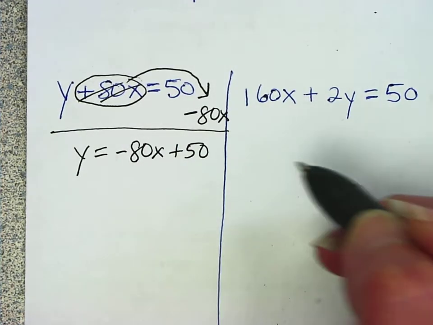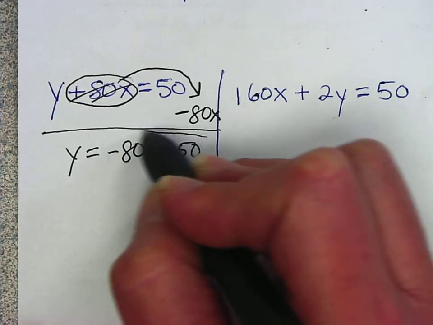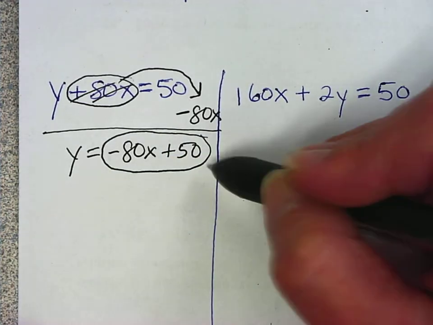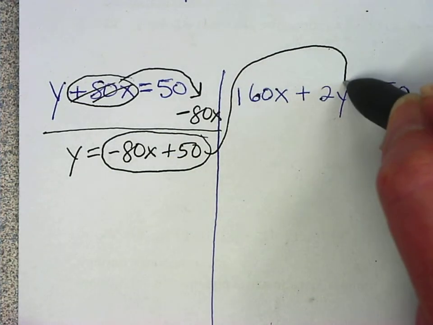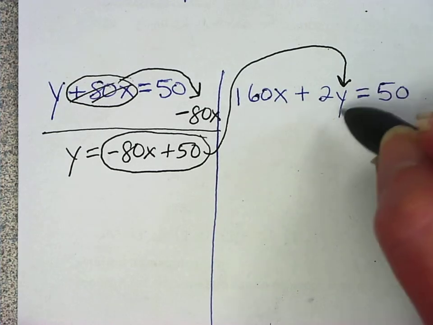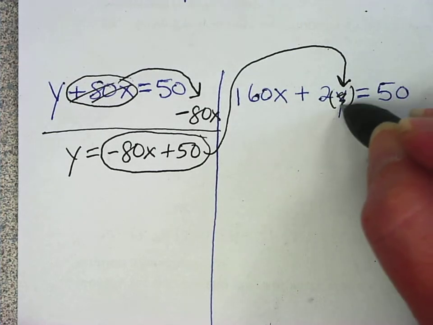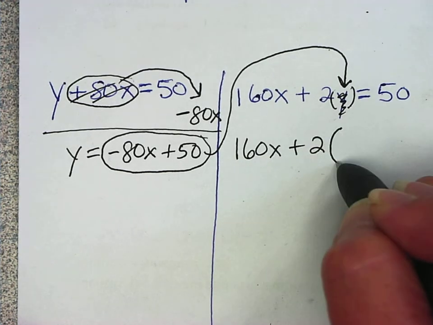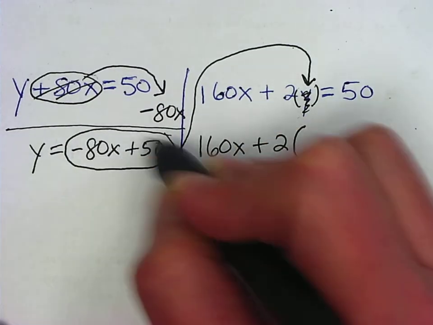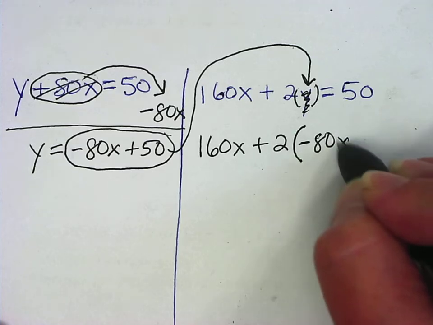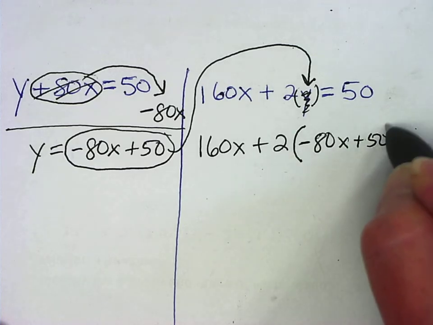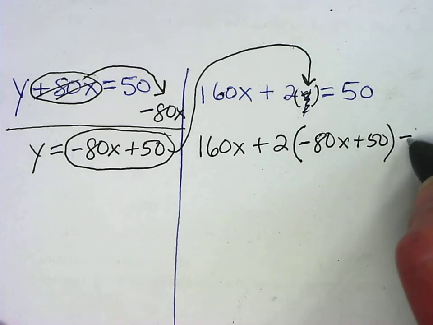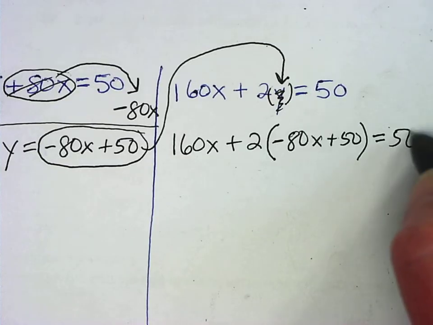Okay, so now it's solved for y, and now I have y's answer, which is this. I'm going to take that and substitute it in for this y. I'm going to put it in parentheses. So I'm going to write 160x plus 2 times y's answer, negative 80x plus 50, equals 50.